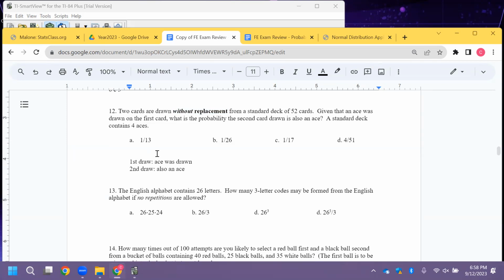Oftentimes what we do when we're doing things like this is label the first as event A, let's say, and the second as event B.